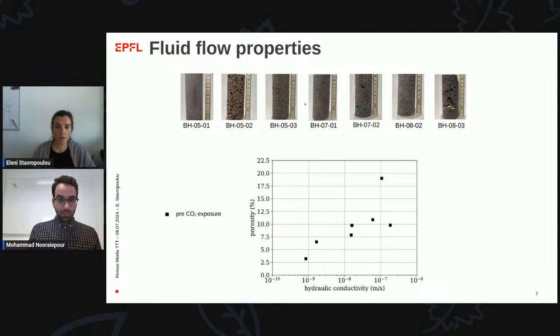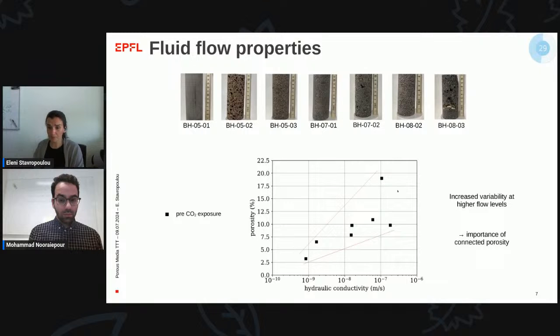So if we look at the results between the total porosity and the measured hydraulic conductivity at the initial state of the sample, here pre-CO2 exposure, we see a slight trend of increasing flow properties, increasing conductivity for higher porosities.